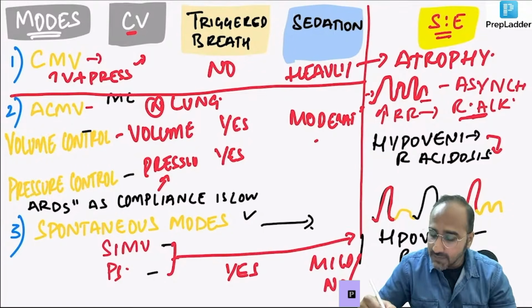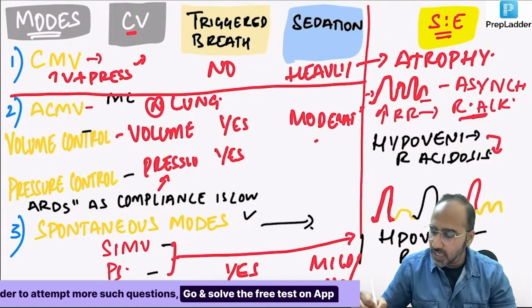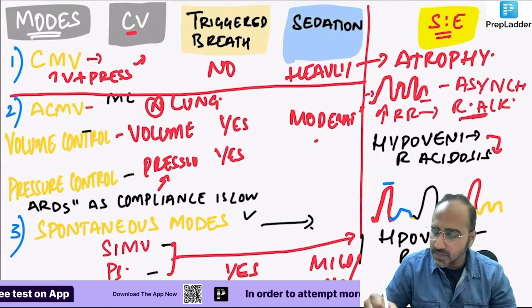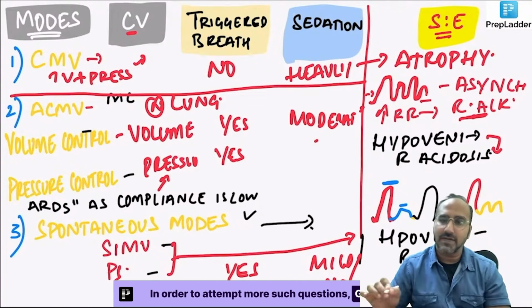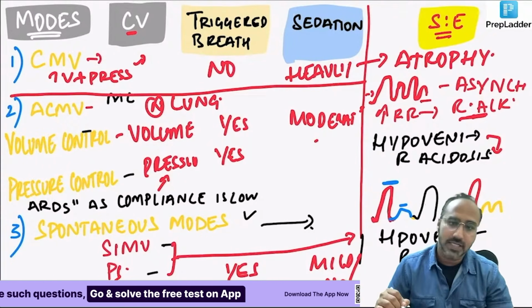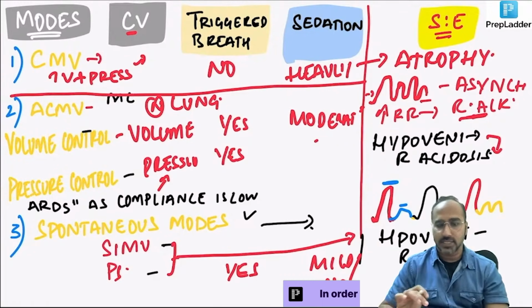In SIMV, the ventilator generates one breath and then allows the patient to take one breath. But ventilator tidal volumes reach this level and patient tidal volumes reach this level, so there will be asynchrony. Sometimes there might be a chance of hypoventilation also. In spontaneous modes, you will see this.